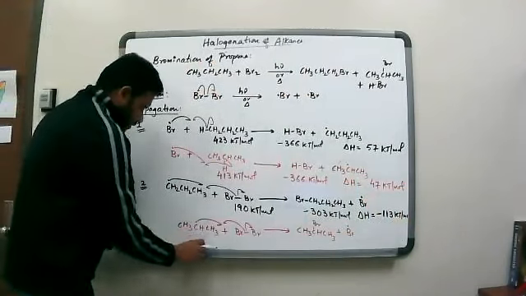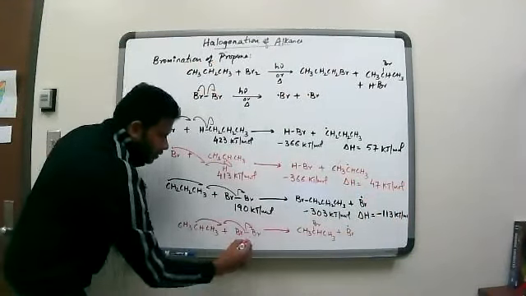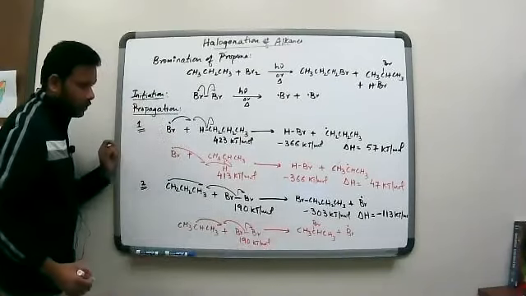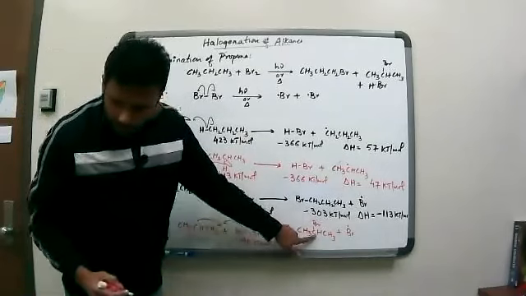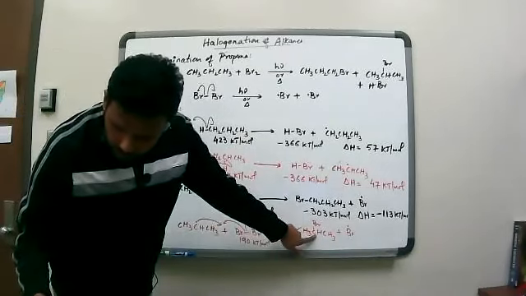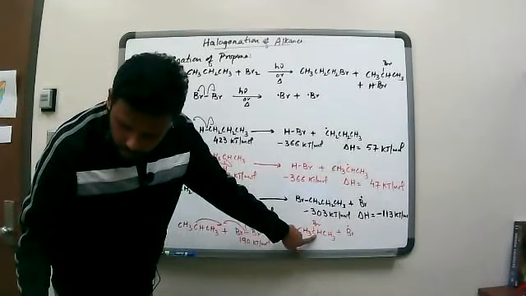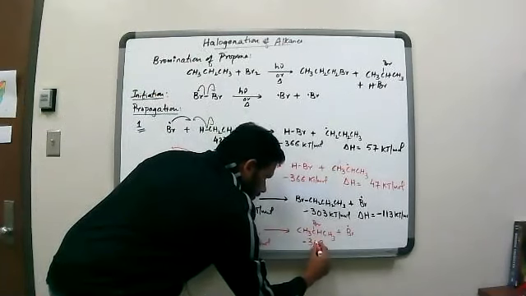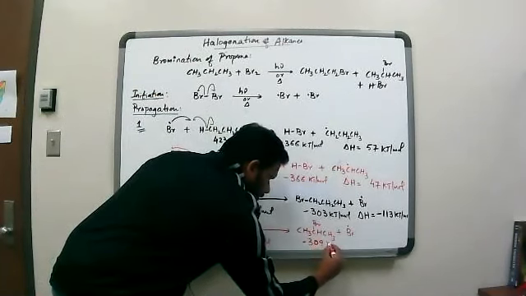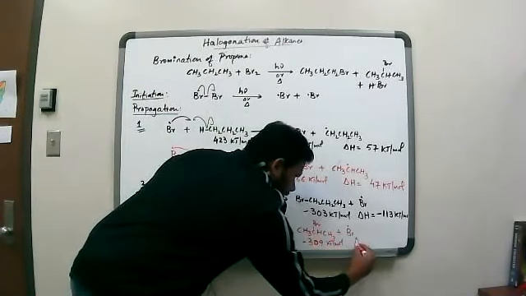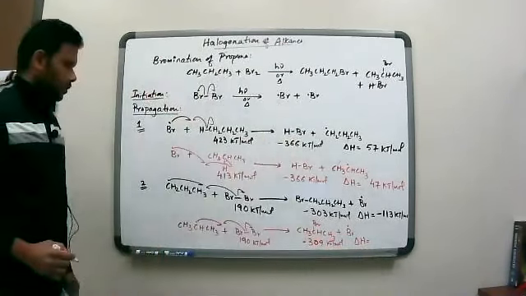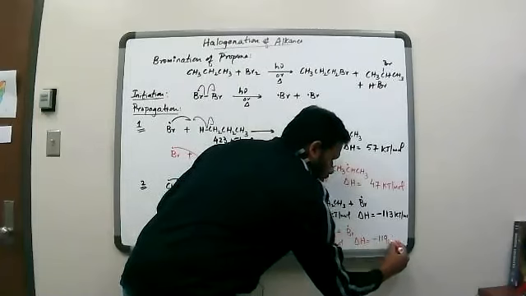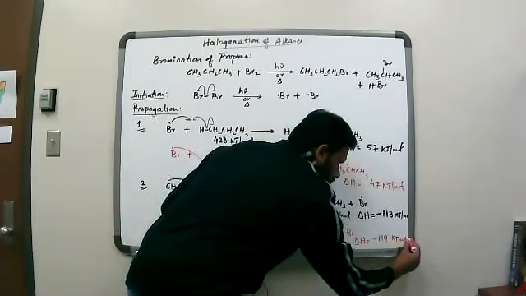Okay, and we can finally calculate the energy for this, 190 kilojoules per mole. And for a secondary carbon bromine bond, it is 309 kilojoules per mole, which gives me a delta H of negative 119 kilojoules per mole.